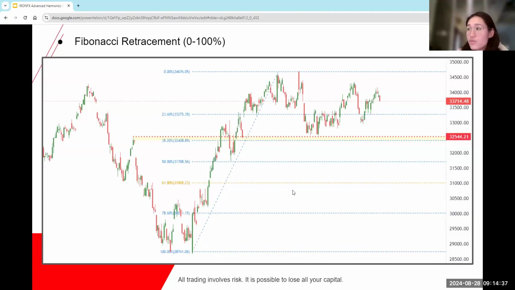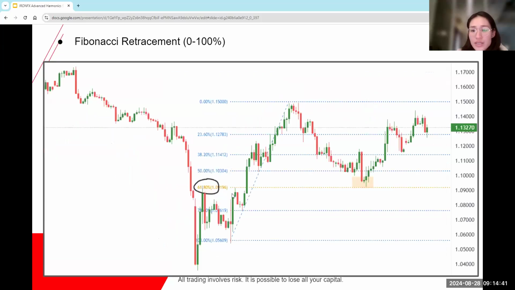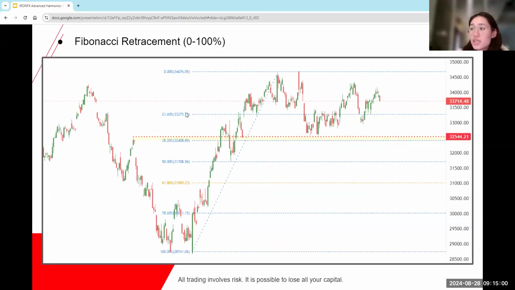For harmonics, normally it plays off of the 61.8, which is also called your golden ratio, for harmonics strategies. So the main levels that harmonics uses are the 61.8, 78.6, and also the 127 and 161.8 that we went through earlier.